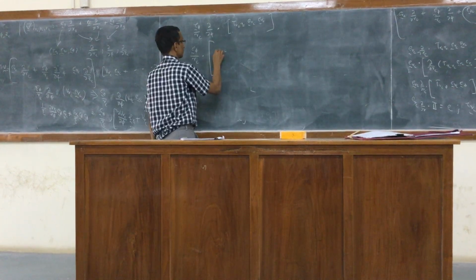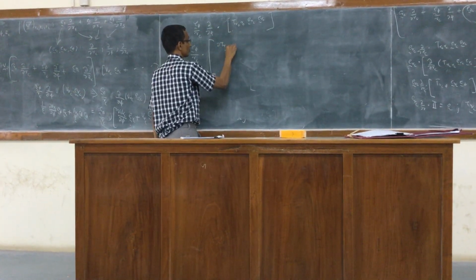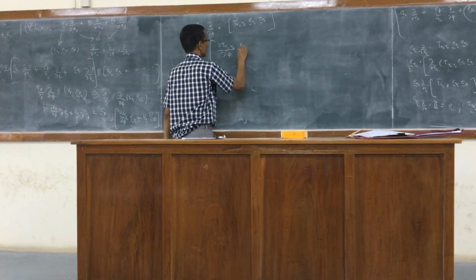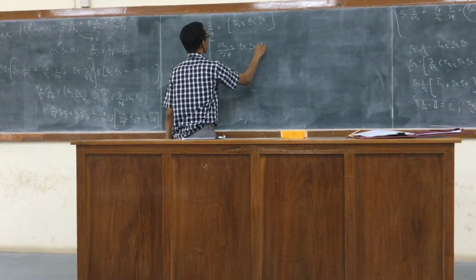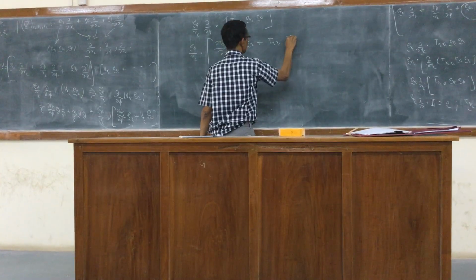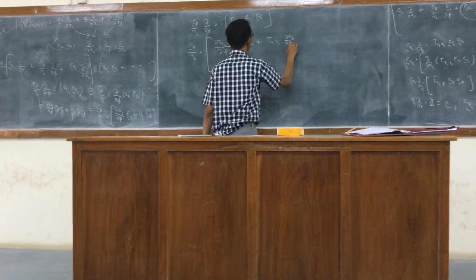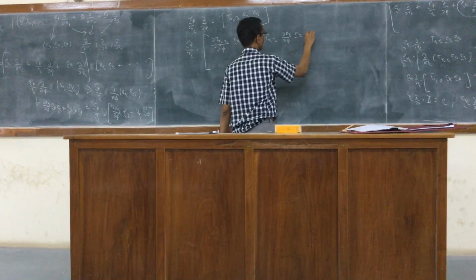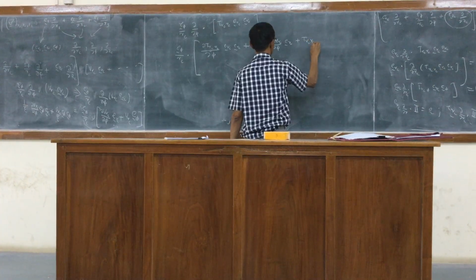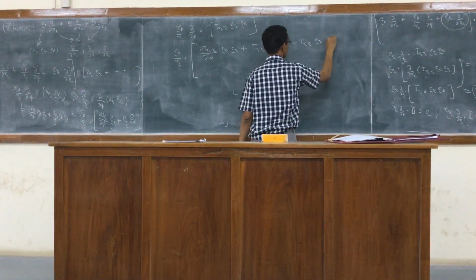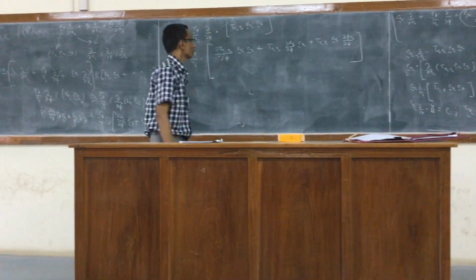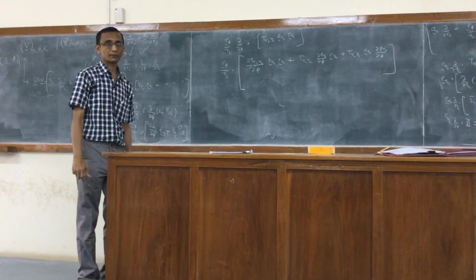So first, let me carry out the derivative of the only term I calculated there, plus e_rho, rho, de_rho by d phi, plus e_rho, rho, de_rho by d phi. So that's what we have.